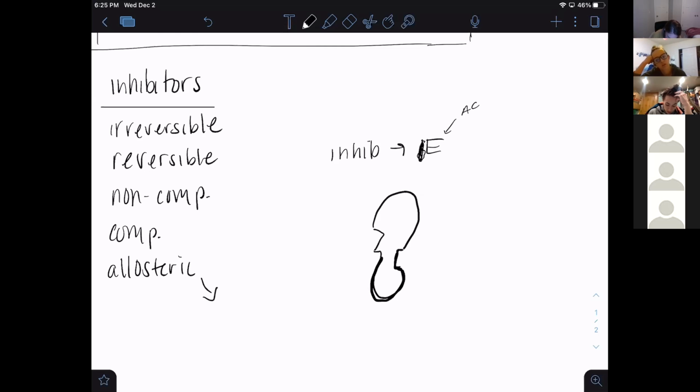Okay, so let's just say this is my enzyme, my really weird enzyme. And let's say that this is the active site right here. This is our active site, and then what would this be? Do we know?